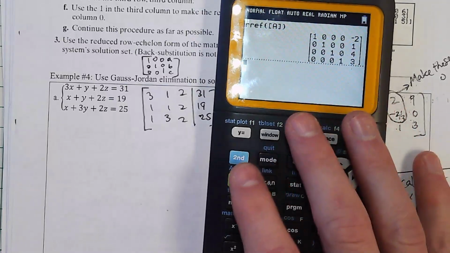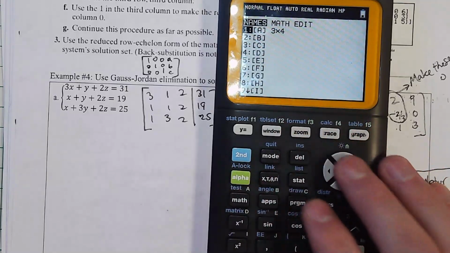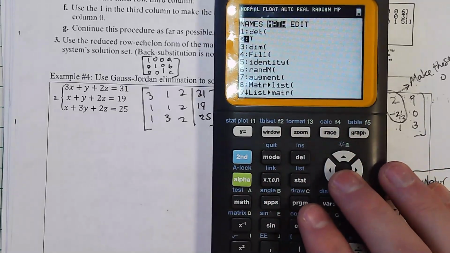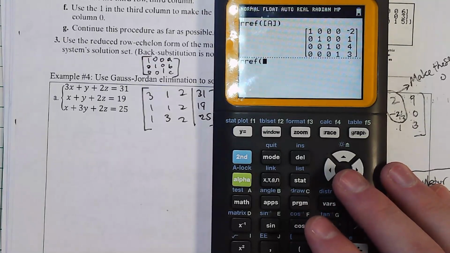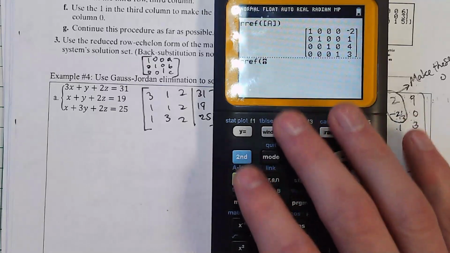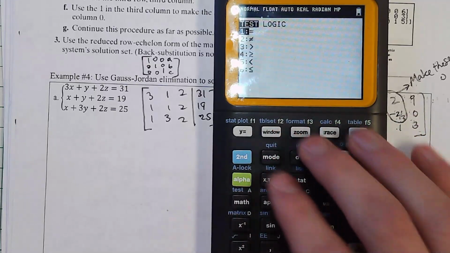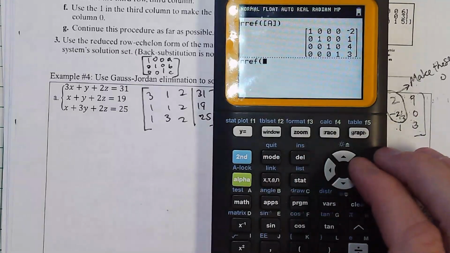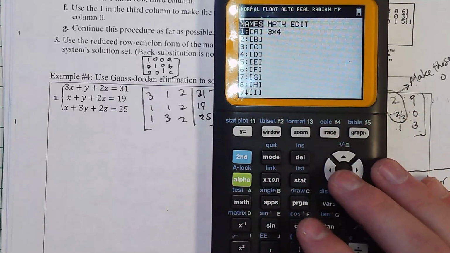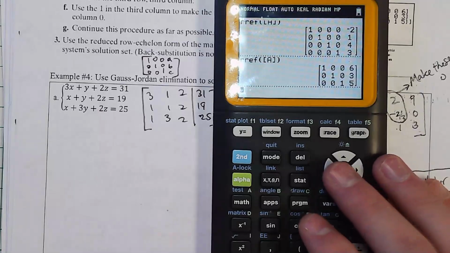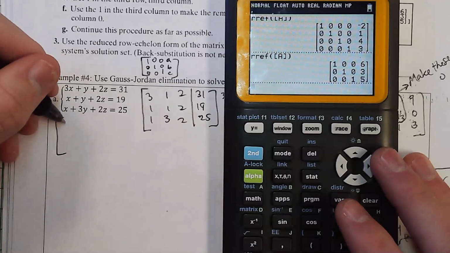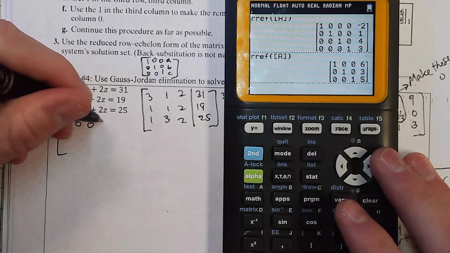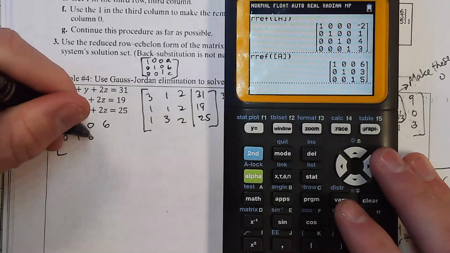Then I get second mode out of there, and then second matrix, math, RREF. Second matrix, second x inverse, sorry, A. And I get this matrix here. Here's my reduced row echelon form matrix.